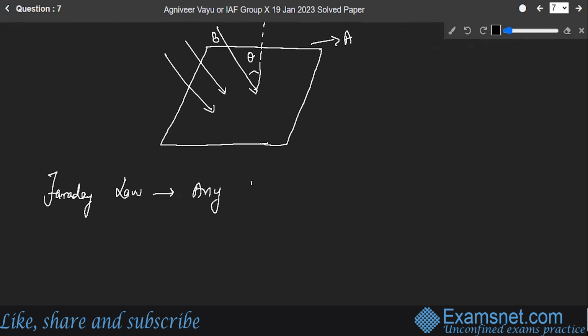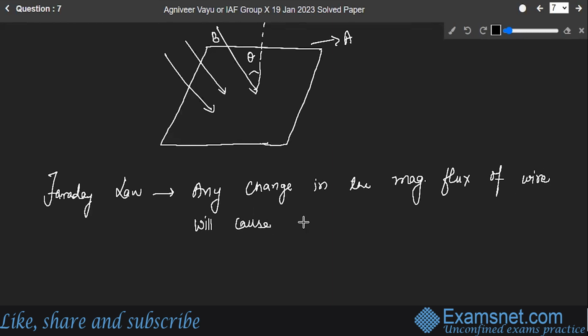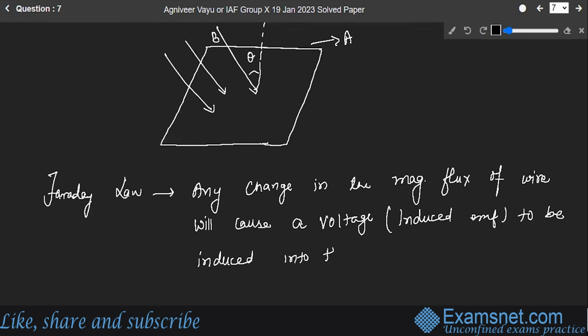Any change in the magnetic flux of a wire will cause a voltage, which is also called induced EMF, to be induced into the coil.